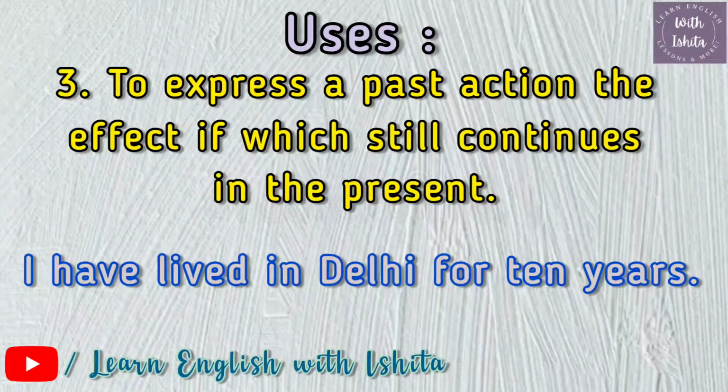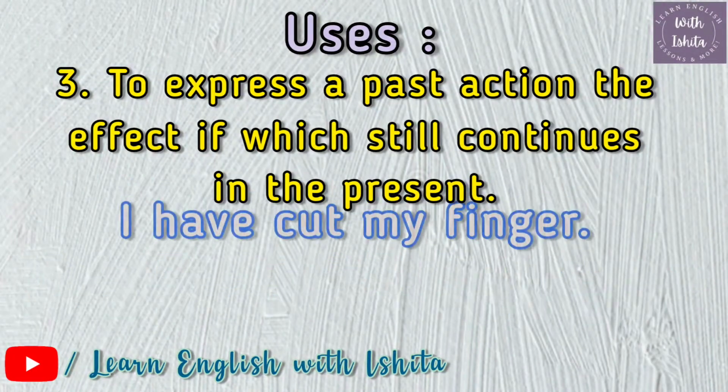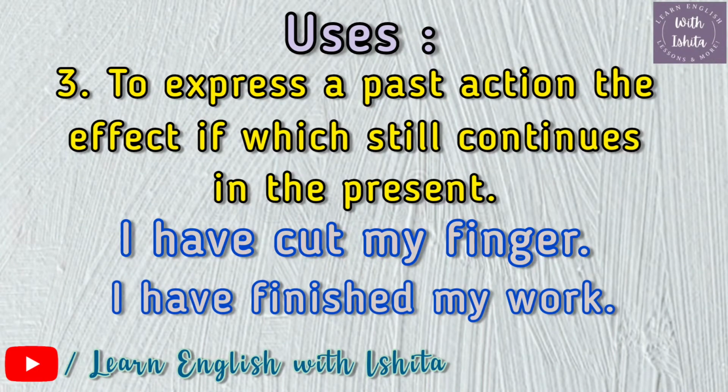I have lived in Delhi for 10 years, implying that he is still living in Delhi. But for the other sentences, the action, I have cut my finger, was done before, but its effect or result remains in the present.